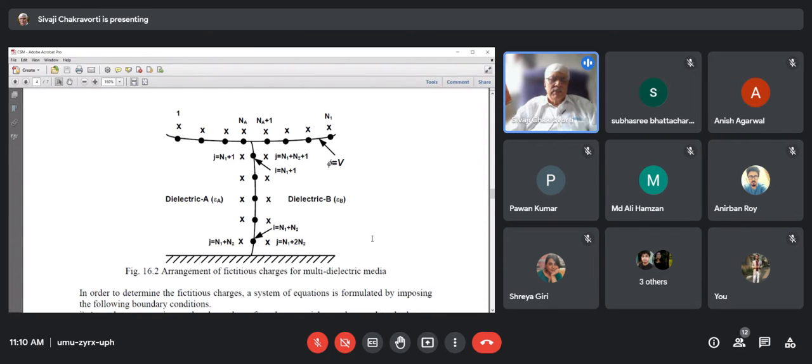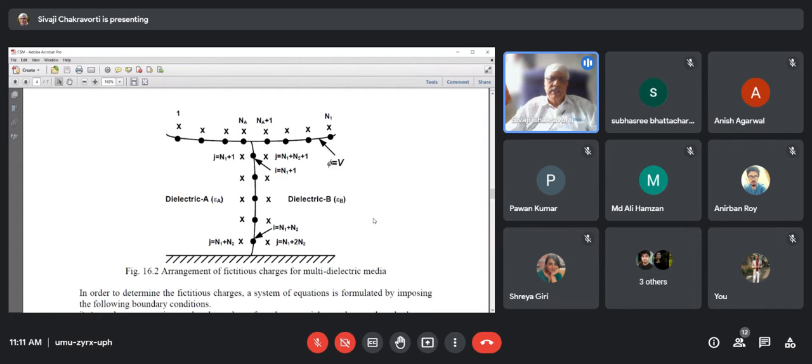But the problem that we are going to face is that both sides, that is the left side as well as the right side of the dielectric interface, are my region of interest. So, irrespective of whether I put the charge on the dielectric A side or on the dielectric B side, it will be in the region of interest.